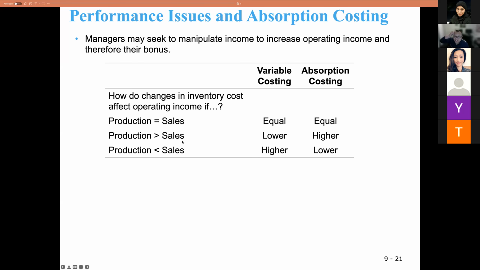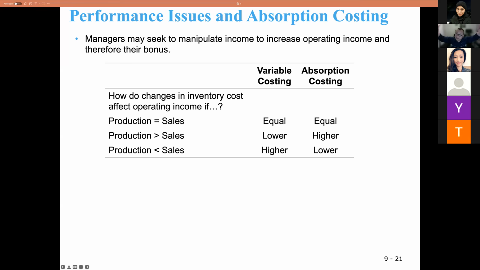So if I'm the manager, I'm going to ask my people to produce a lot more units, even though I know I can't sell them. By doing so, I'm going to have a very large ending inventory balance, because I can only sell so much. When I overproduce these items, they will sit in ending inventory.